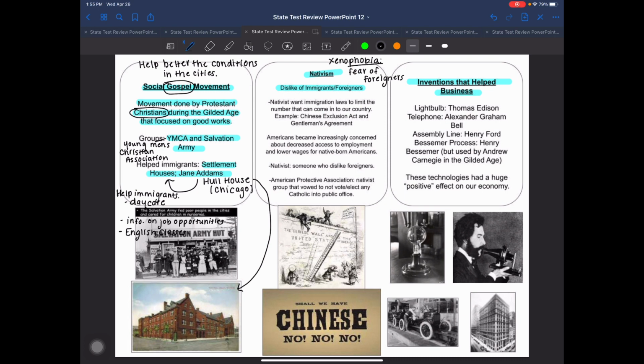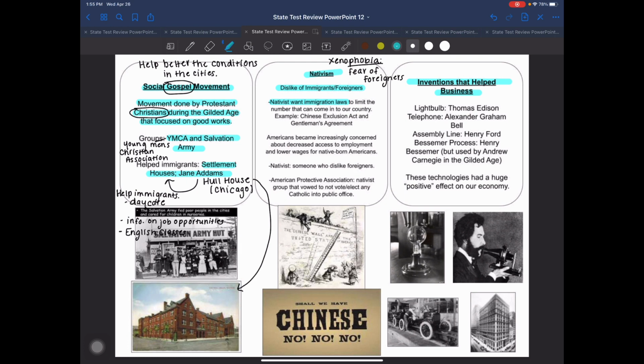Now, what we're going to see for the first time ever in American history, we're going to see that a lot of nativists who dislike these immigrants are going to want to push for immigration laws, because in America, our borders had always been open. You could come to the United States of America with very, very strict regulations on what you had to have.